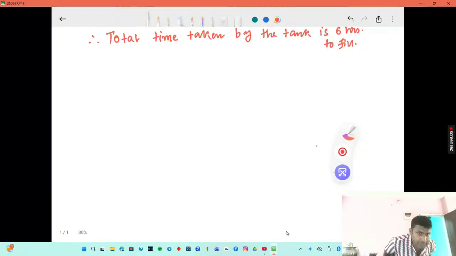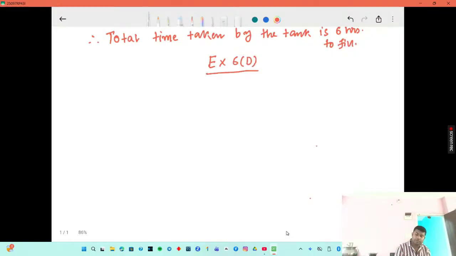So here the question is given, exercise 6D. 2 years ago the ages of Radha and Meena were in the ratio of 5 is to 2.